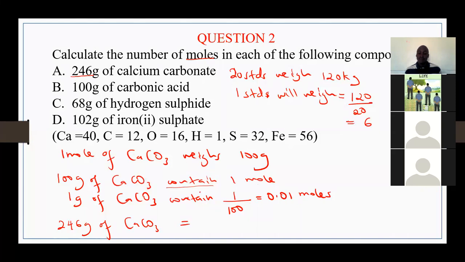If 1 gram is 0.01, that means 246 grams will be 0.01 times 246. What do we get? 2.46 moles. So the number of moles present in 246 grams of calcium carbonate will be 2.46 moles. That's how we have done part A.